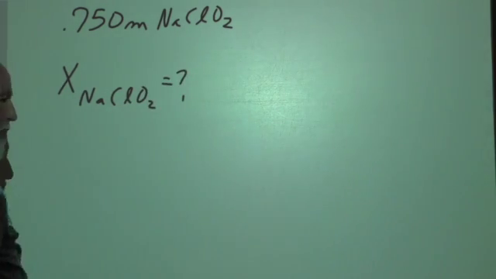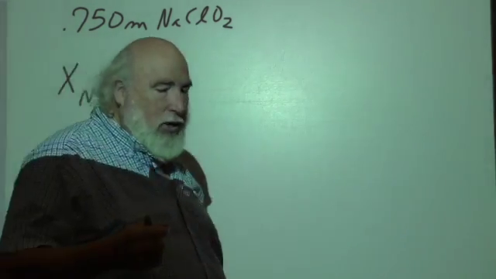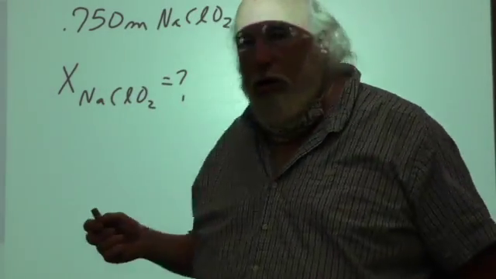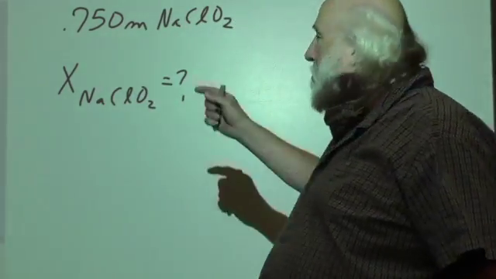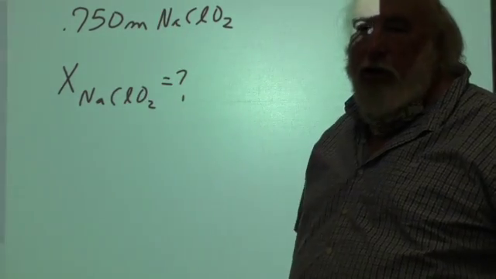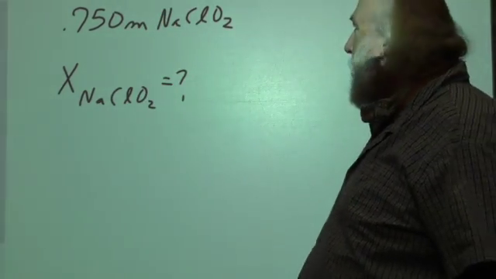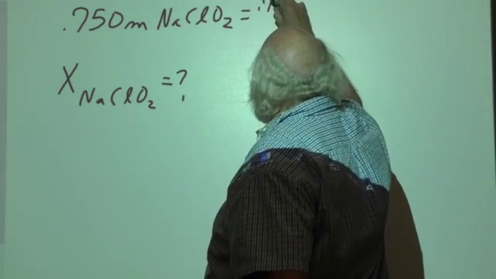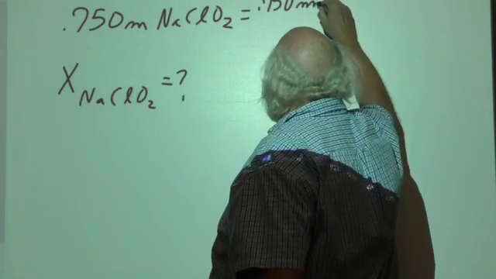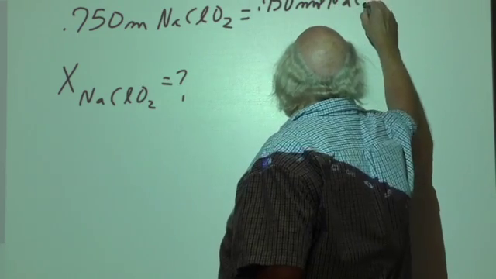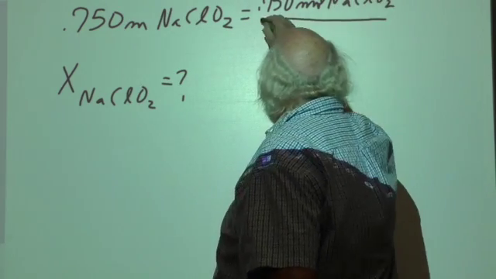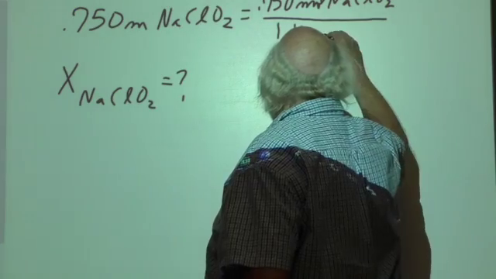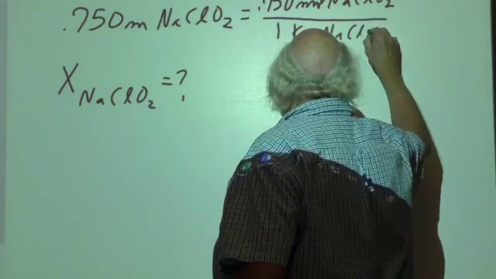That's our goal. So in order to understand this, we need to write out what the formula is for molality based upon the numerical value of 0.750. And what this means is that you have 0.750 moles of NaClO2 for every 1 kilogram of solvent.